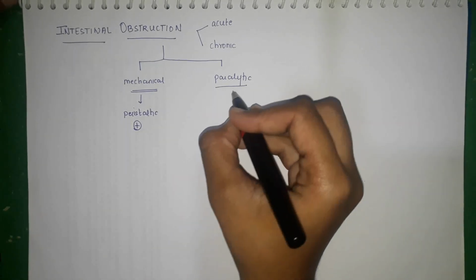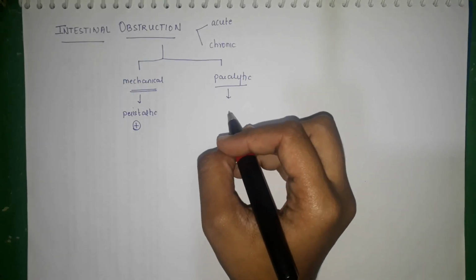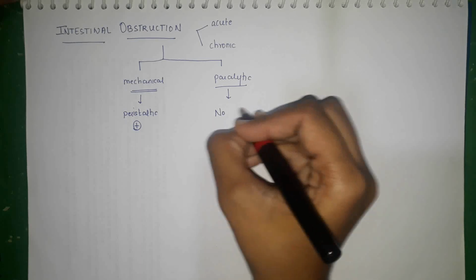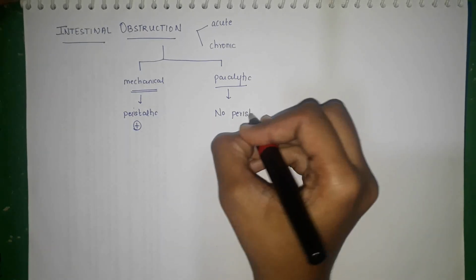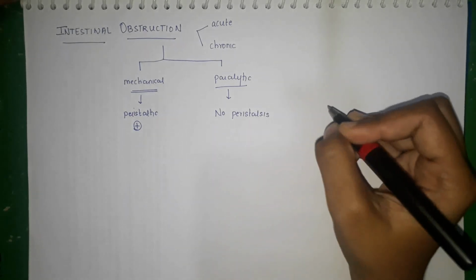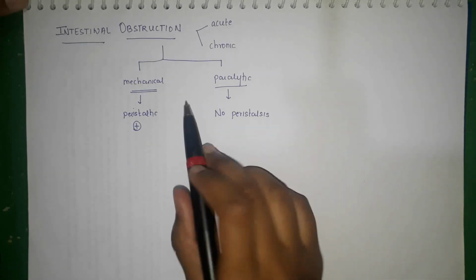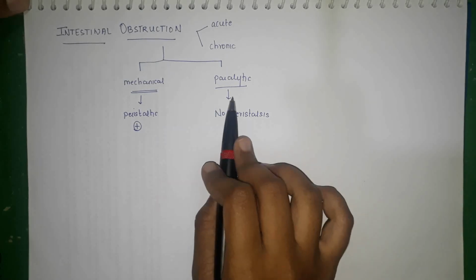Whereas in the paralytic case, the main culprit behind the obstruction is that there is no peristalsis present, and this is the reason why the patient may present with symptoms of intestinal obstruction. So this is a very common classification, mechanical and paralytic.